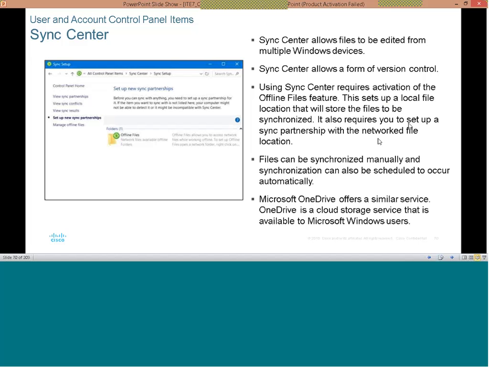So it also requires you to start up a sync partnership with a networked file location. And all this is more or less trying to synchronize with other file systems in your desktop. So the files can be synchronized manually, and synchronization can also be scheduled to occur automatically.